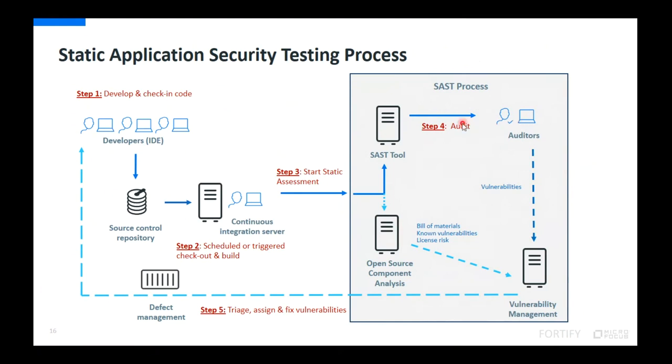And now step 4 is the auditors. The auditors can be the QA, the quality analysis team. So the QA team logs into the Fortify SSC and checks what vulnerabilities are there in the application that has been developed by the development team. So they review it. There are chances of whitelisting to be done. False positives can come into the picture.